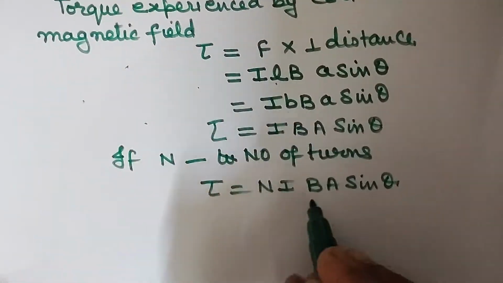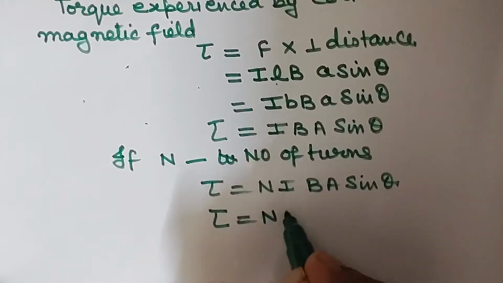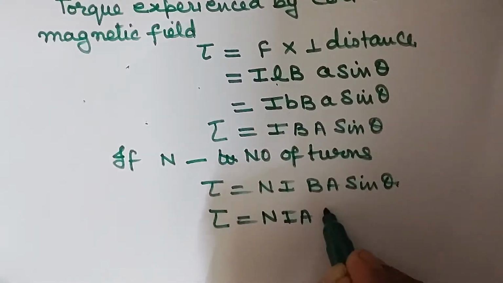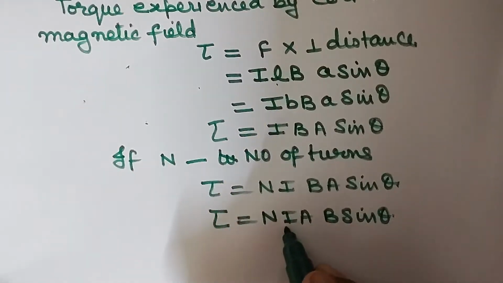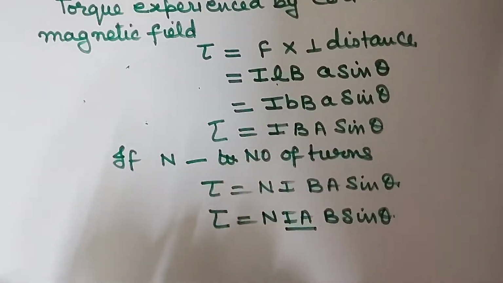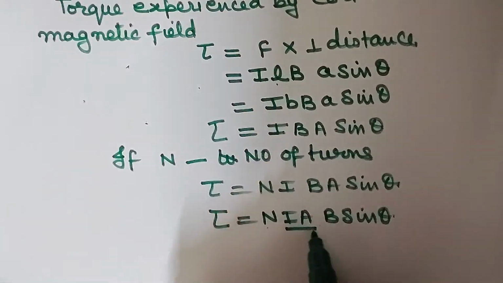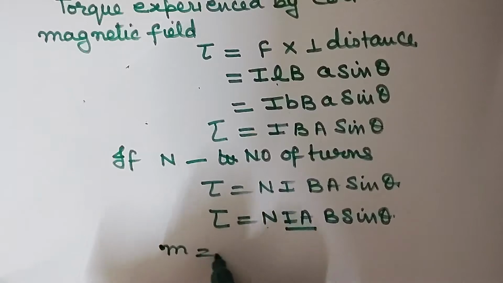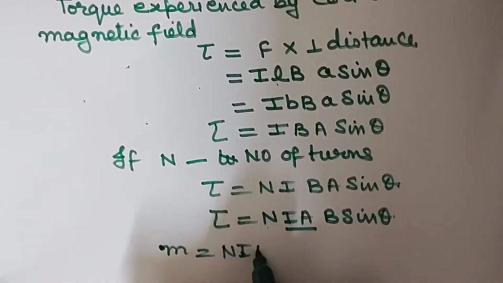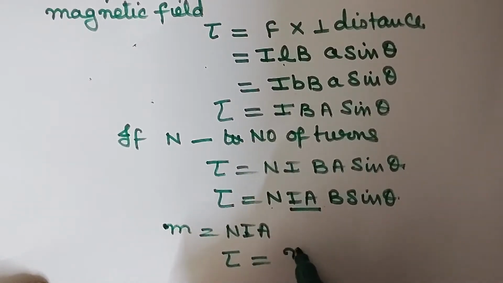Now here we write it as N I A and B sin theta, and this IA represents magnetic moment. Because the number of turns is n, n is also included in this, so M equals N I A.